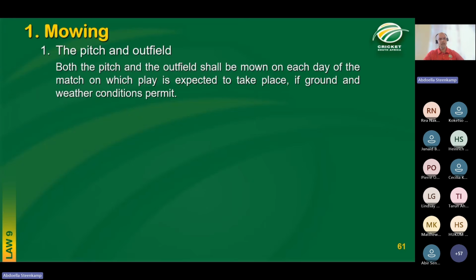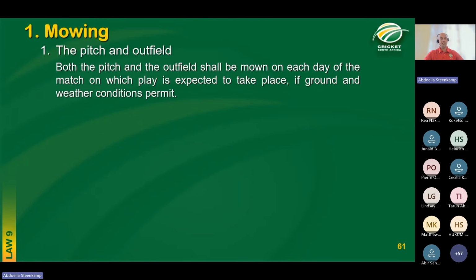So why is it so important that the pitch and outfield be mowed on each day? You will be amazed how quickly grass grows overnight, especially on the pitch. In the next law, Tom will cover what needs to happen in a Test match that spans 5 days.